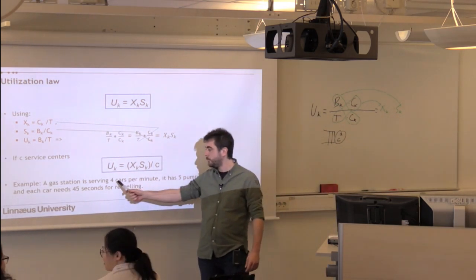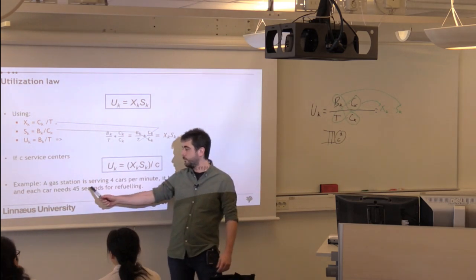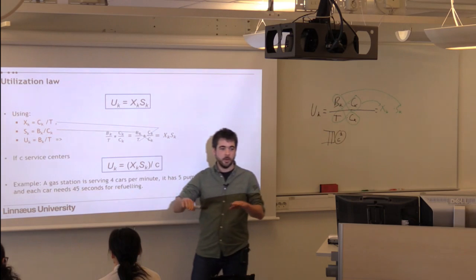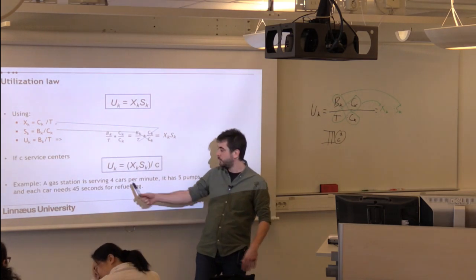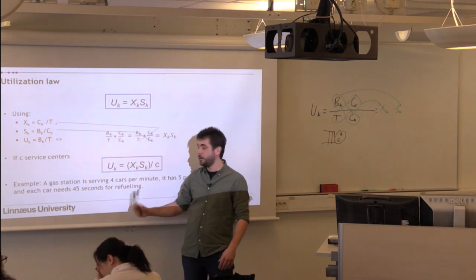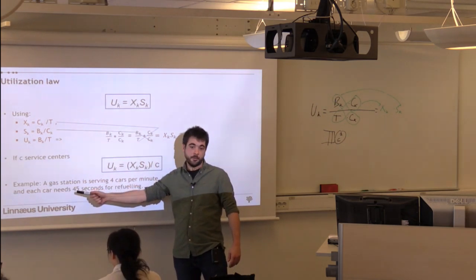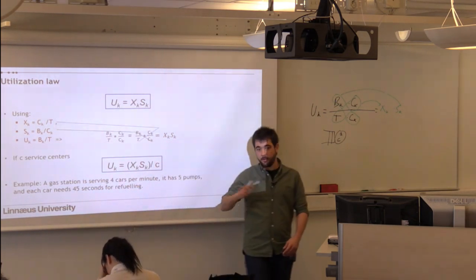is 4 multiplied by 0.75. We have to put minutes and seconds in the same units. So we compute how many cars per second, or we transform the 45 seconds to minutes, which would be 0.75.